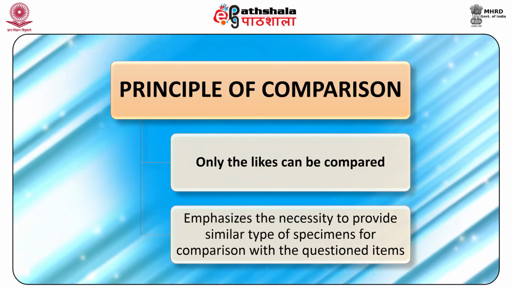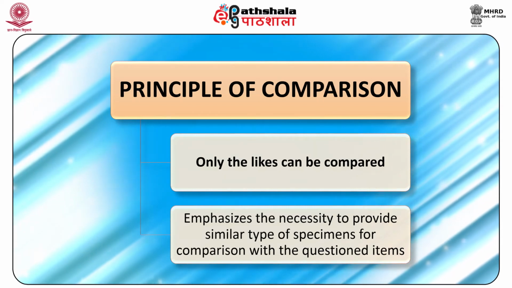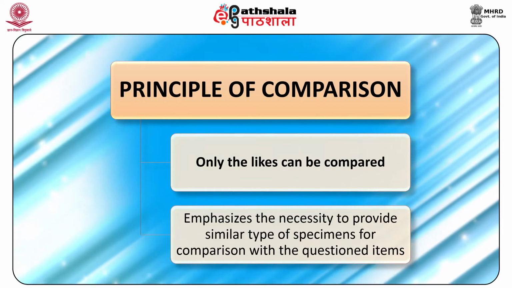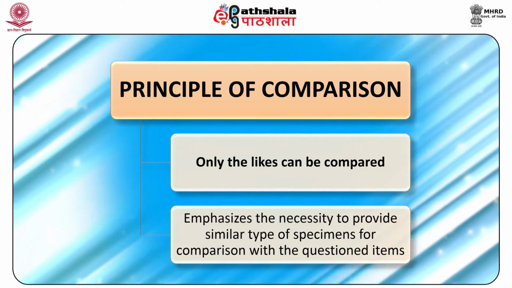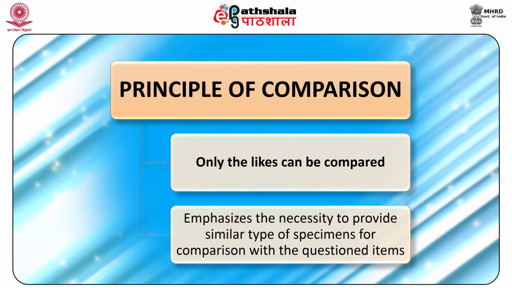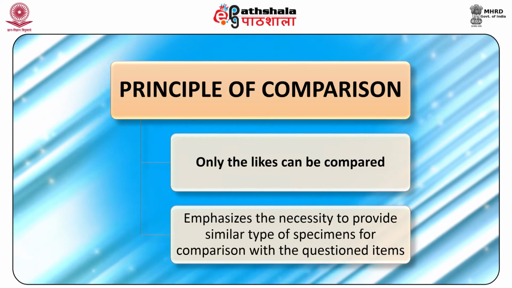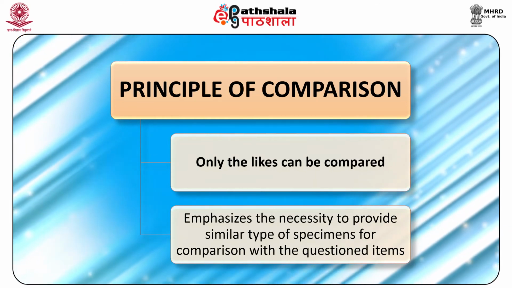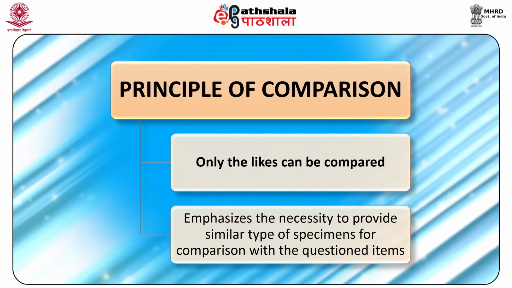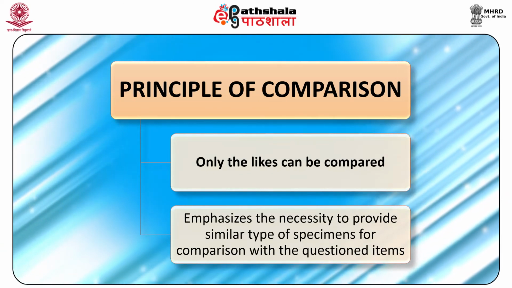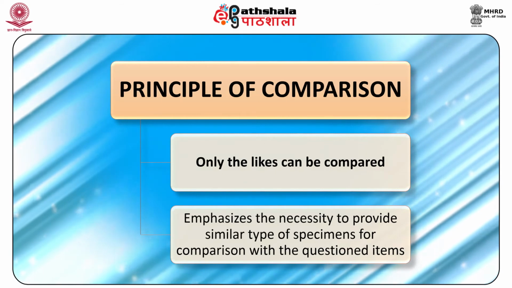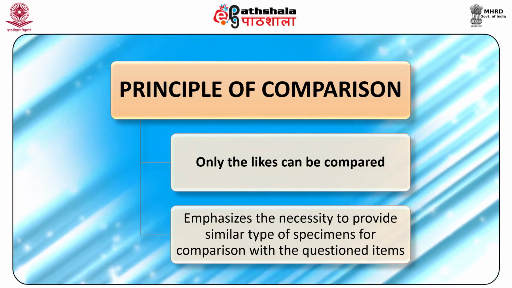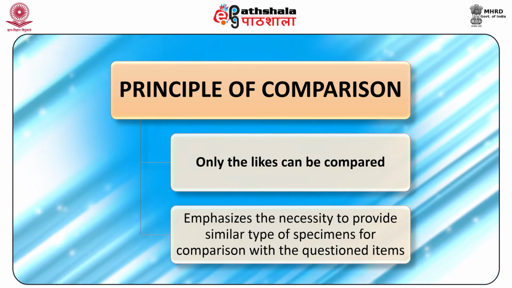For example, in any murder case, if a bullet is found from the body of the deceased and the expert opinion states that the bullet has been fired from a high velocity firearm, then it becomes useless to send in a shotgun or pistol or revolver for comparison of the firearm under question.